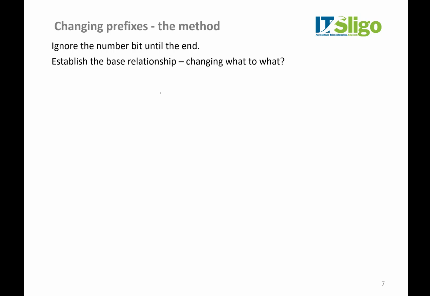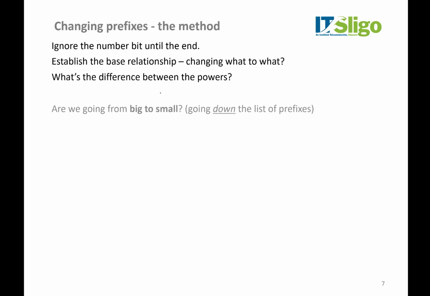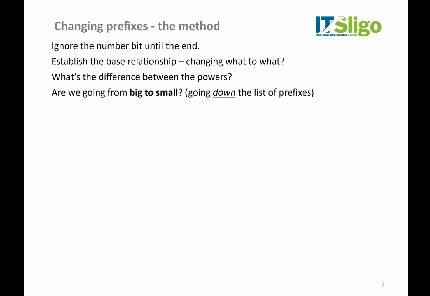Always you need to figure what is being changed into what. What's the difference in powers? Absolute with no signs. Are we going from big to small? Are we heading down the list? Or are we going from small to big? Going up the list.